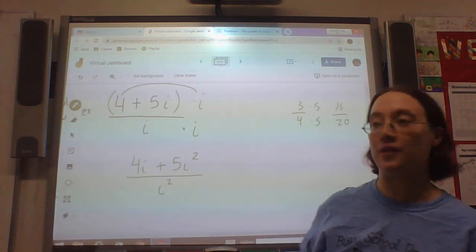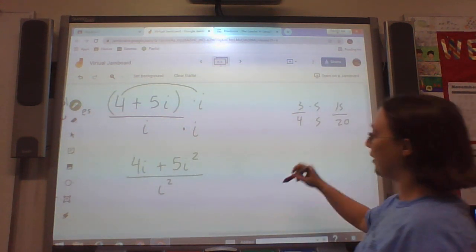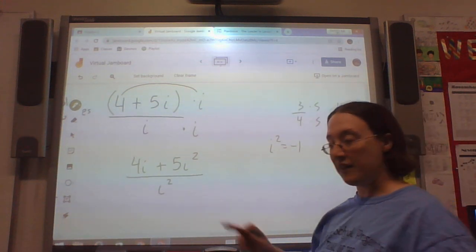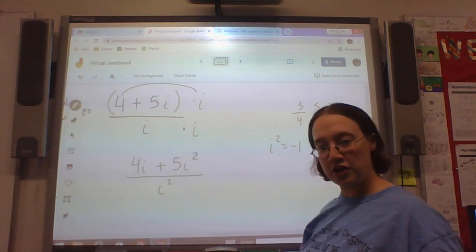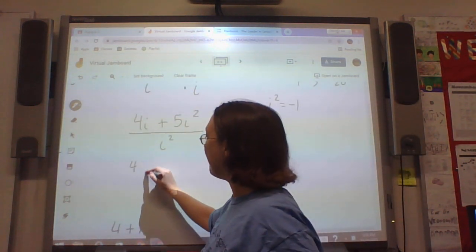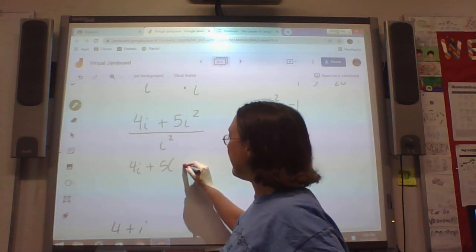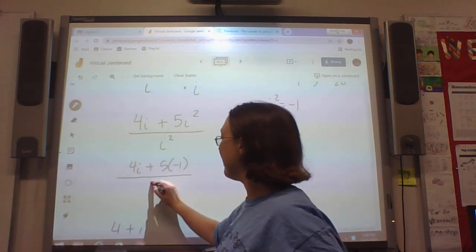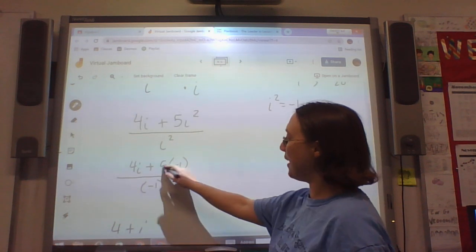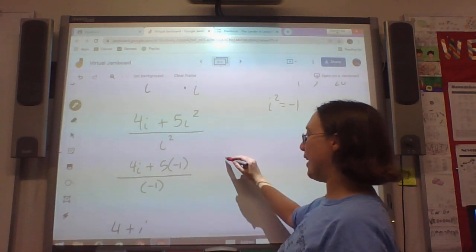The reason is that we said back on the last page that i squared is negative 1. So we're going to turn both of these i squareds into negative 1s. So this is really a 4i plus a 5 times a negative 1 over a negative 1, which is much nicer because 5 times a negative 1 is just negative 5. So now I've got this.